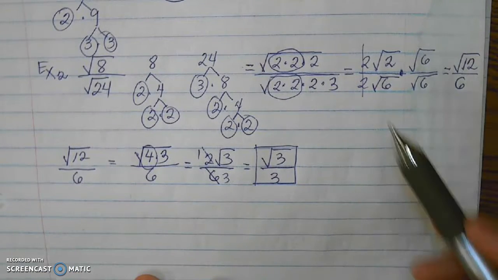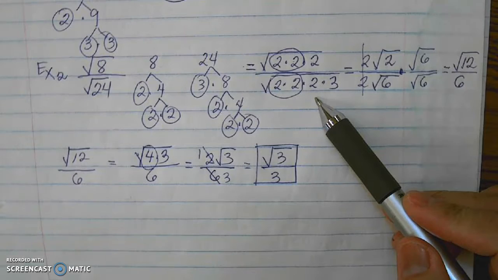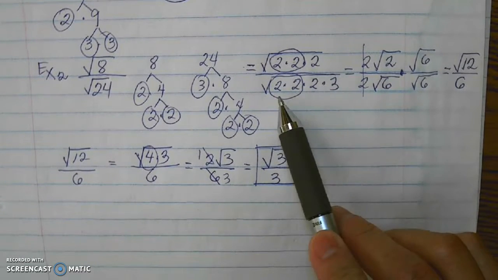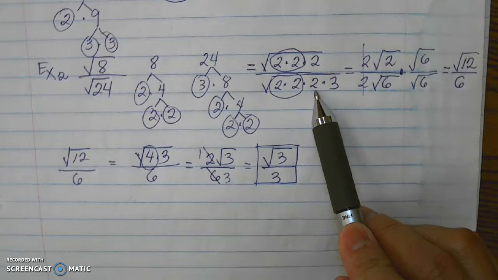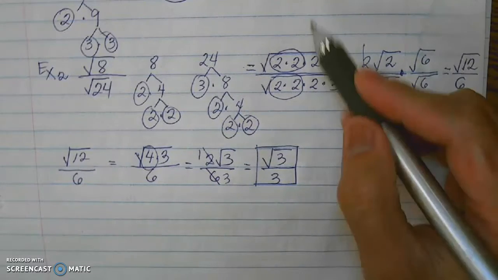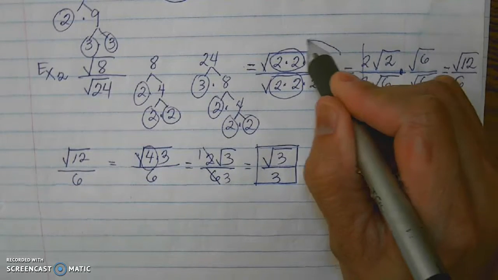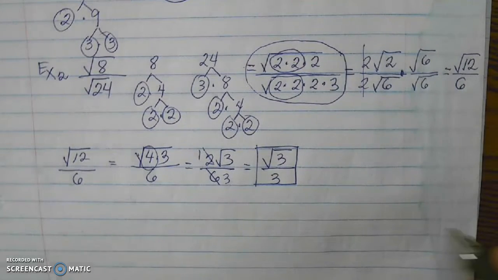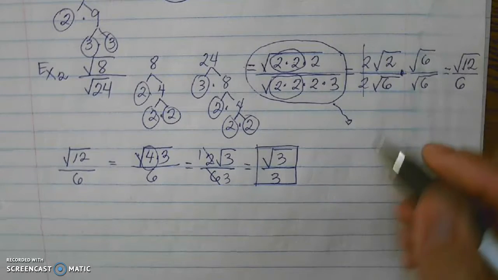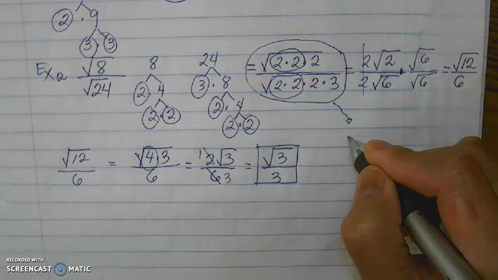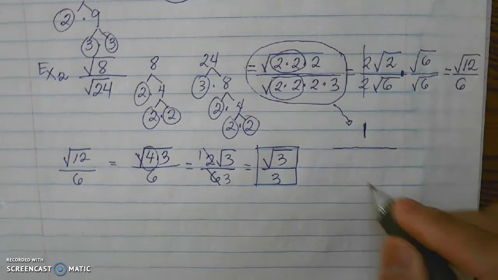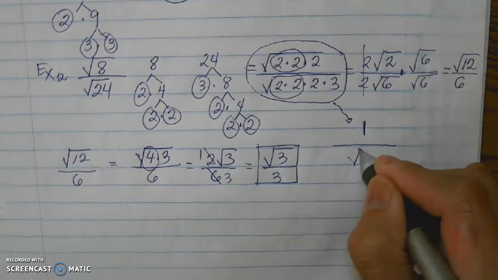However, I want to go back here. I don't know if you saw that square root of 2 times 2 times 2 over square root of 2 times 2 times 2 is really equal to 1. So therefore, from here, you can already shorten the process by doing this. There's a 1 on top, and there's just a square root of 3 below.